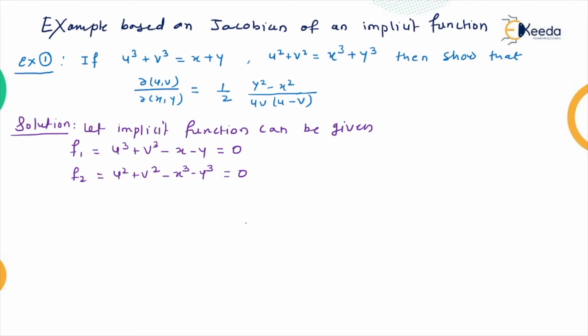Now you have to differentiate f1 and f2 partially with respect to x, y, u, v. That is a very important step. Because f1 and f2 are functions of 4 variables.